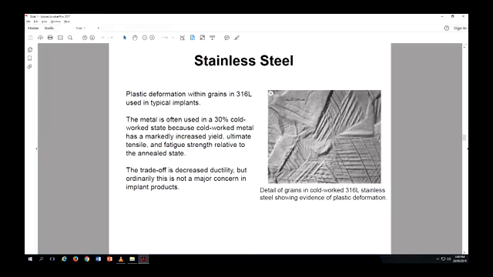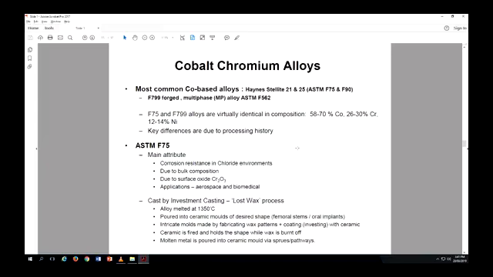If you're going to have a lot of plastic deformation, you're going to have ductile material. But if you don't want much plastic deformation or grain size in the crystal, you can get a more brittle material. So again, it depends what you're looking for. Based on that, you will look into different manufacturing processes. Any questions before we get into it?